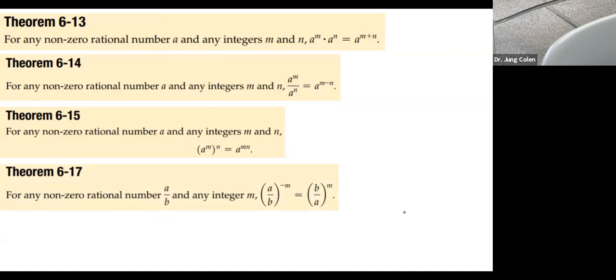Okay, so this theorem: for any non-zero rational number a over b and any integer m, so it's saying any integer as the exponent, right? Because we are taking positive, 0, and negative numbers there too.